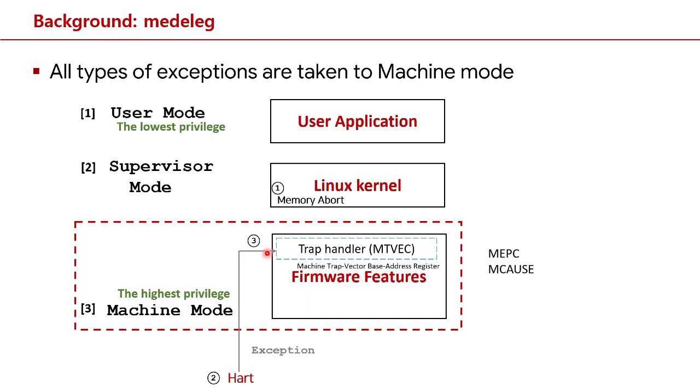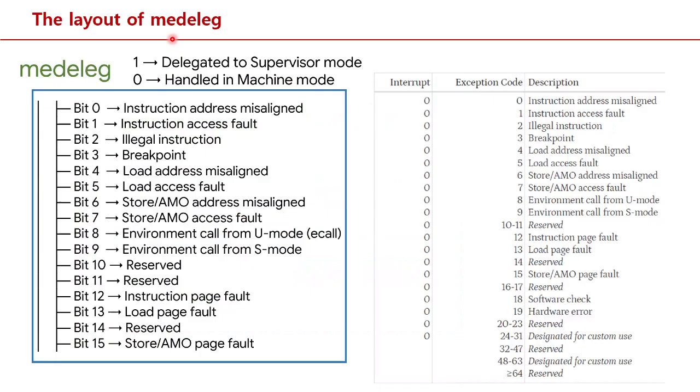So this is the workflow when the exception occurs in user mode or supervisor mode. Now that you know why we need this register as background knowledge, let's explore the layout of this register. The important point is that the bit position of this register is identical to the value of the exception code.